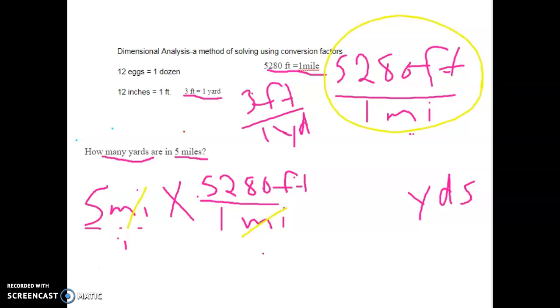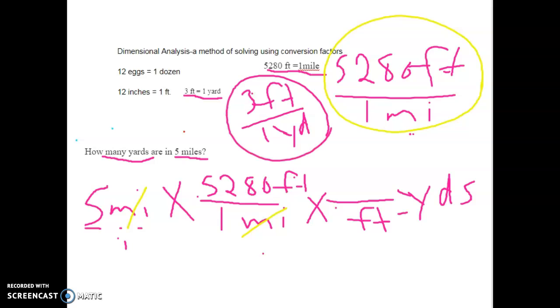But I don't want that. I actually want to get all the way to yards. So right now I have feet on top. To get rid of this, I need to put feet on the bottom and find a conversion factor that has yards on top. I'm right here. So 3 feet in 1 yard.